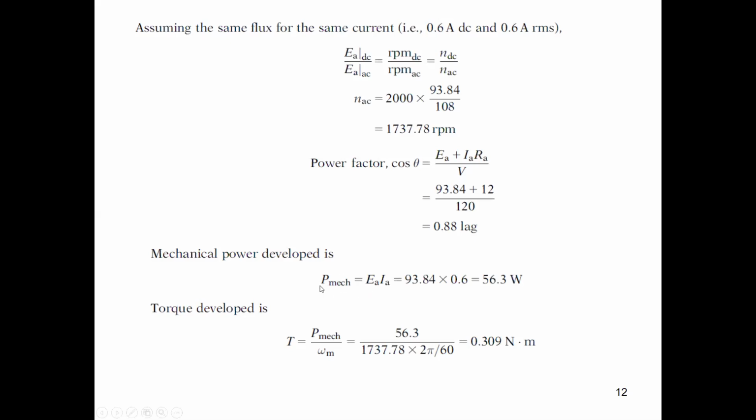So simply, the mechanical power equals E multiplied by I. So this is the calculated E, and this is the value of the given current. So this is the developed power of this machine. For now, the torque will be P mechanical divided by omega m. So this is the speed in RPM, and we have to multiply by 2 pi divided by 60 in order to get the value of torque. So this is the value of our torque here.